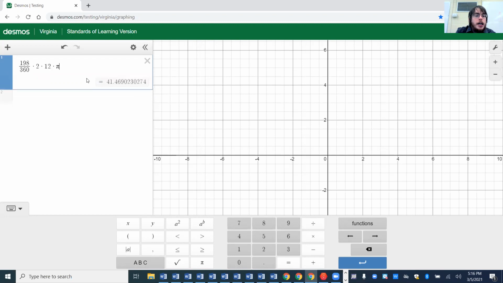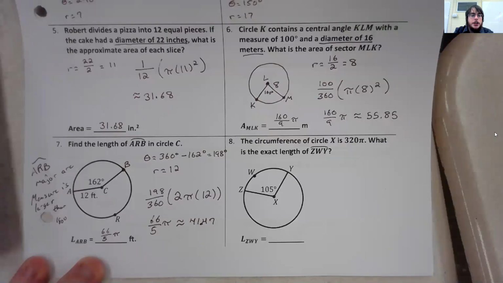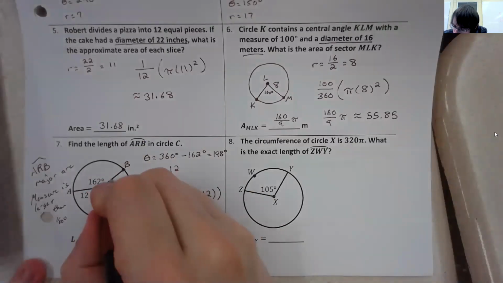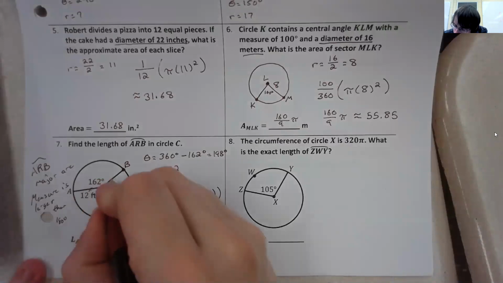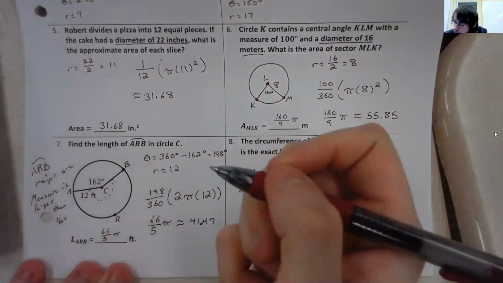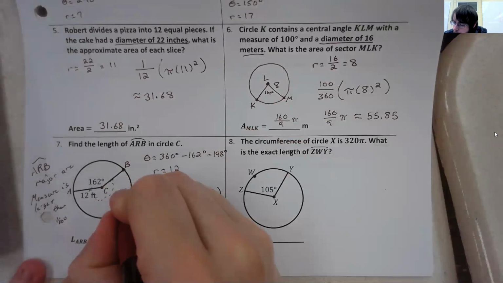And if we do approximate, we multiply that fraction by pi and we get 41.47. Okay. So make sure you pay attention to which arc it wants you to find. If it wants you to find the major arc and you don't have an angle for it already, then you need to find it.